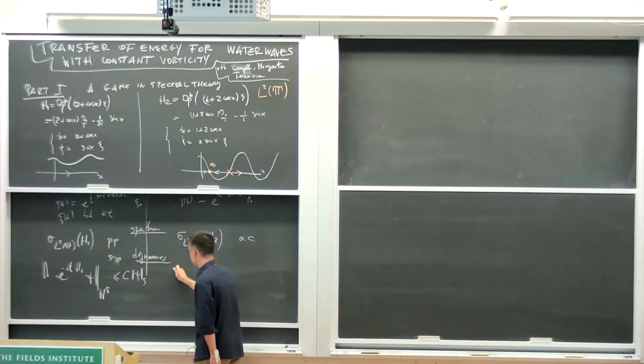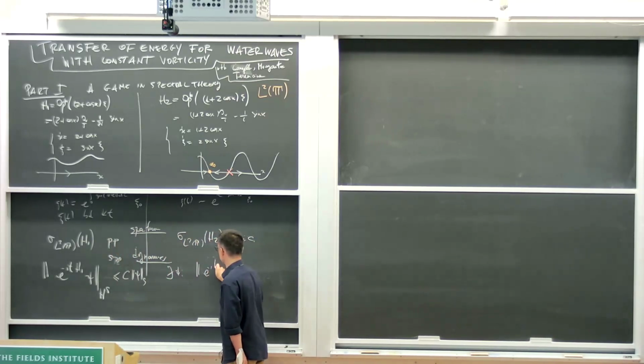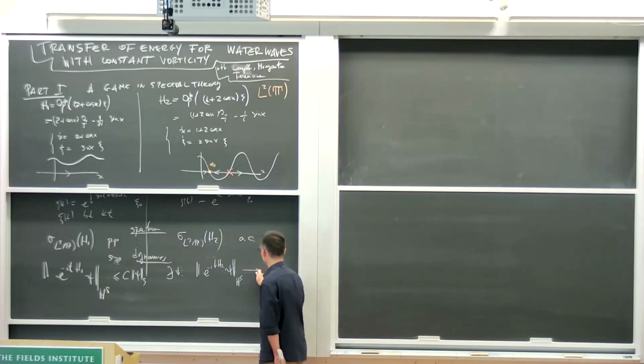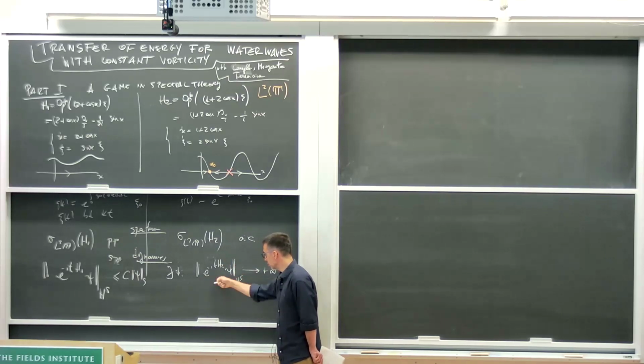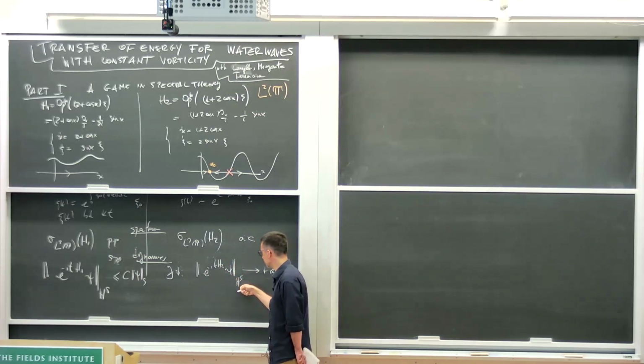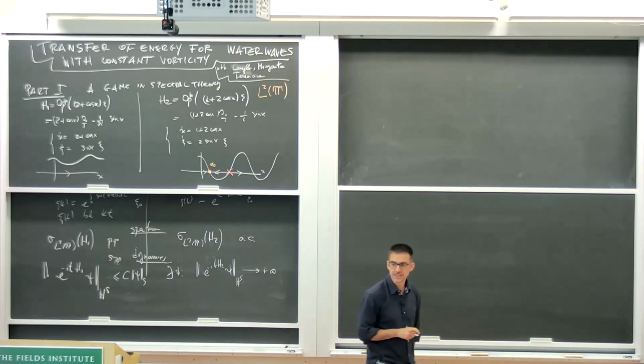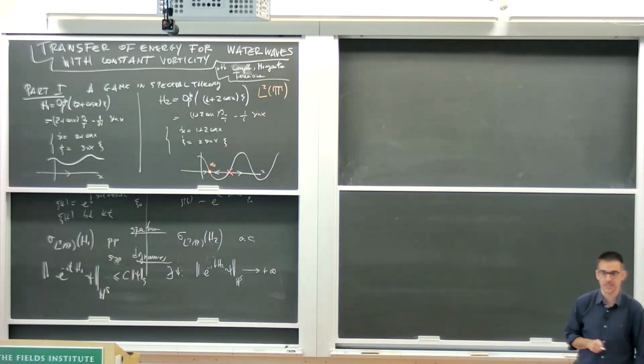In the second case, instead, the spectrum is absolutely continuous. And in this case, you will be able to construct an initial datum such that the norm of the evolution in Hs goes to plus infinity when time goes to plus infinity.